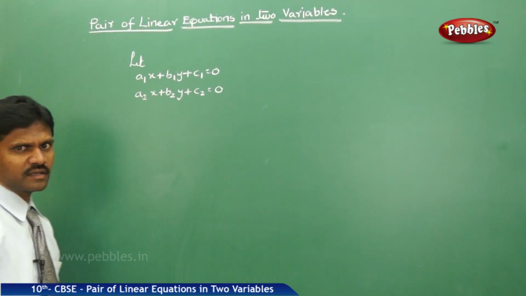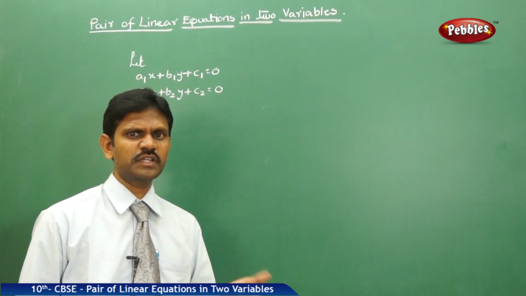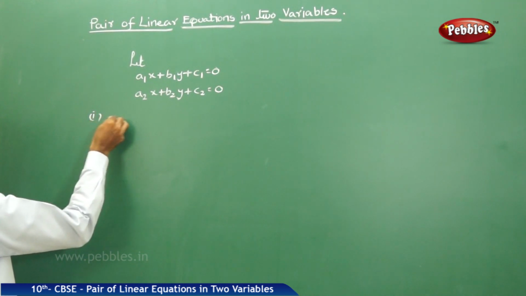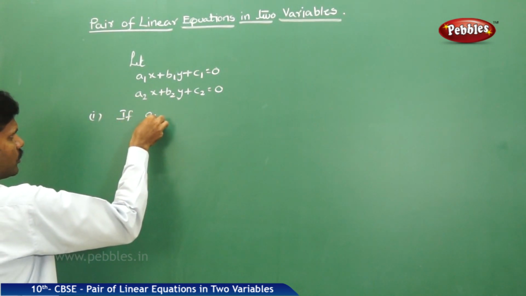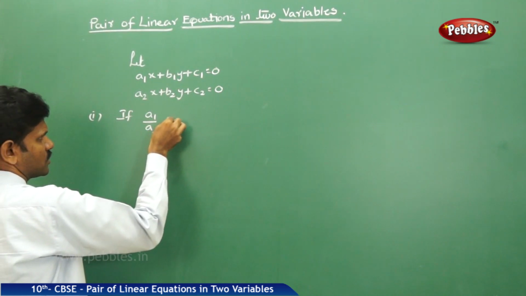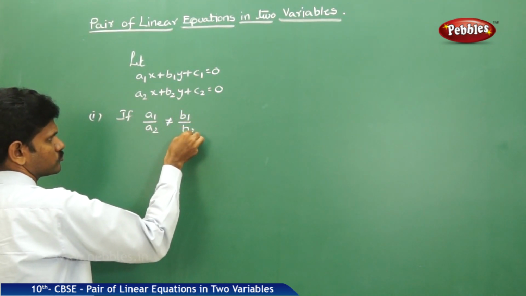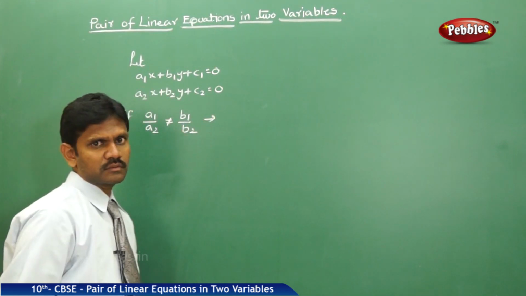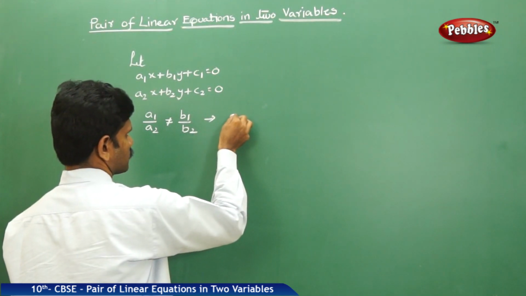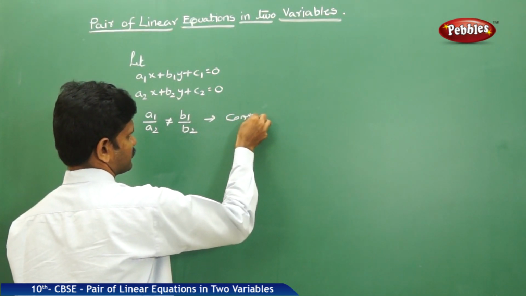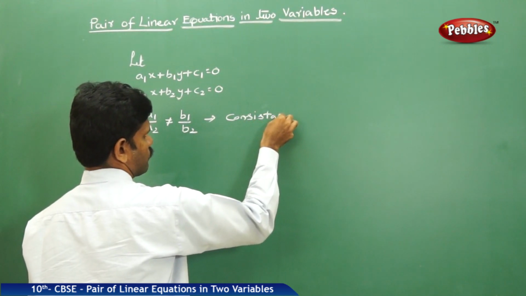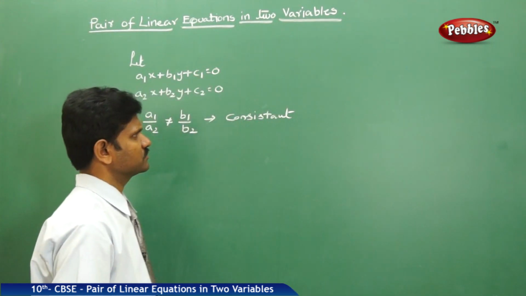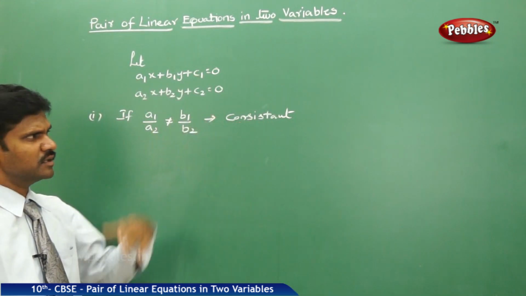These three different cases are distinct, that is, one is different from the other, that means possibility cases. Case 1, if a1 by a2 is not equal to b1 by b2, then the lines are consistent to each other. What is the meaning of consistent? It is the nature of the lines.